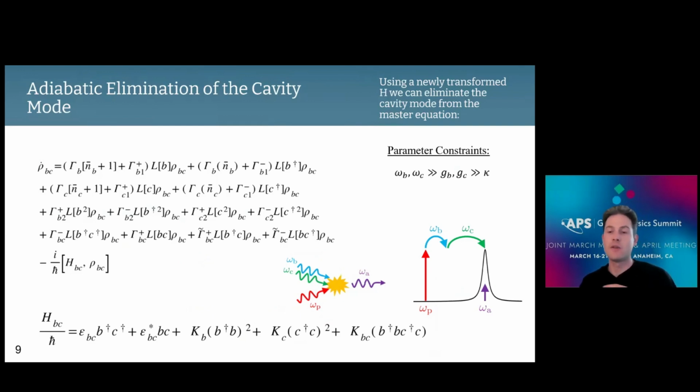Now, in the full model, it wasn't really clear where that pair coherent state equation was, mainly the terms of the master equation and Hamiltonian that lead to an ideal pair coherent state. So something that I've worked on is adiabatically eliminating the cavity mode in our master equation and Hamiltonian in order to better understand how we can generate the pair coherent state.